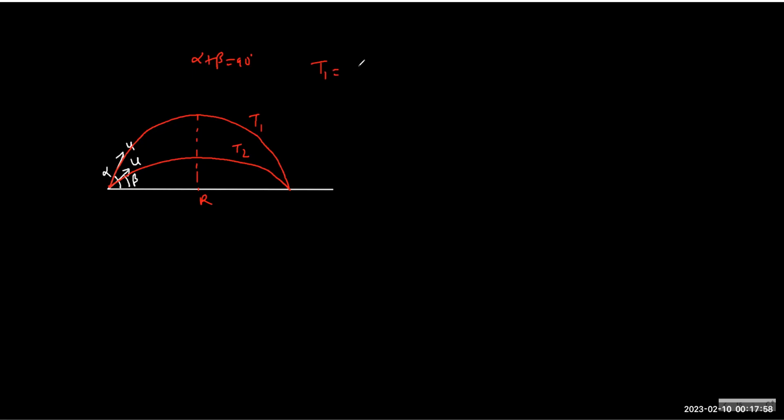T1 is 2u sin alpha by g, and T2 is 2u sin beta by g. Sin alpha will be greater than sin beta. But alpha plus beta is 90, so can we express it only in terms of alpha? Yes, sir, sin beta is cos alpha.